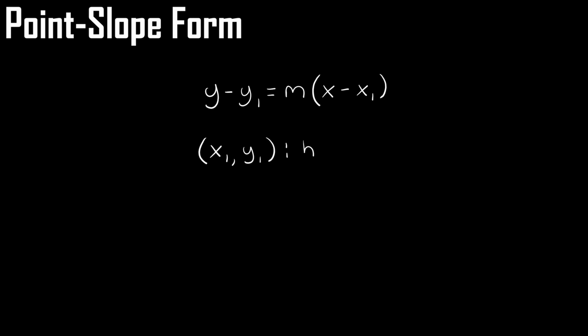The formula is y minus y1 equals m times x minus x1. x1 and y1 is a known point, and m is the slope. So let's do some examples.